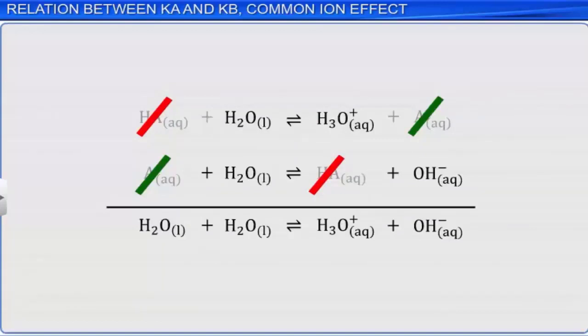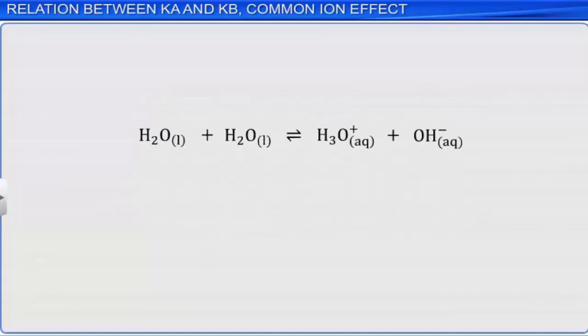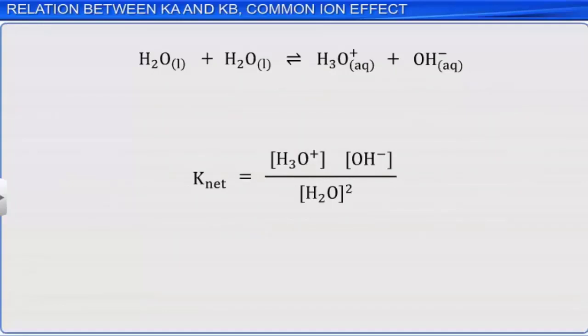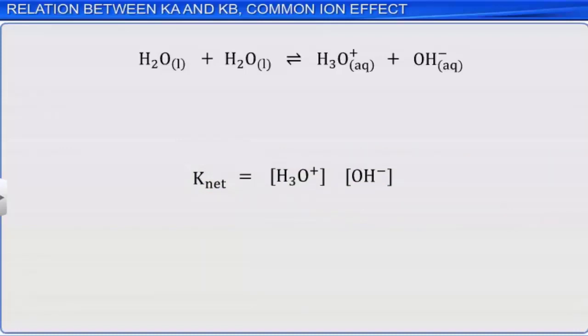The equilibrium constant for the net reaction may be expressed as K net is equal to the product of concentrations of H3O plus and OH minus divided by concentration of water raised to the power of 2. As the concentration of water remains almost constant, it can be ignored. Hence, K net is equal to product of the concentrations of H3O plus and OH minus ions.